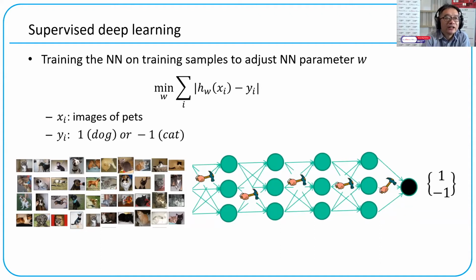Then I tune the parameters of the network so that it can accurately predict cat and dog. Mathematically, making a correct prediction means you have the same values. Suppose it's a dog, it should be 1, which means you adjust the parameters so that the error on the prediction is as small as you can, which can be written as a minimization problem. So you are done. This is training.